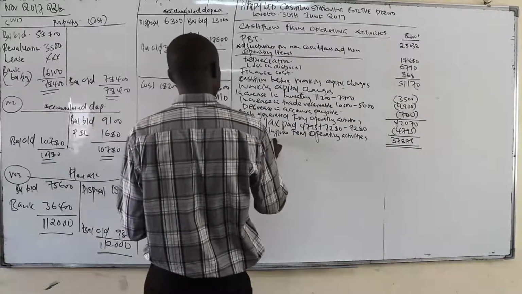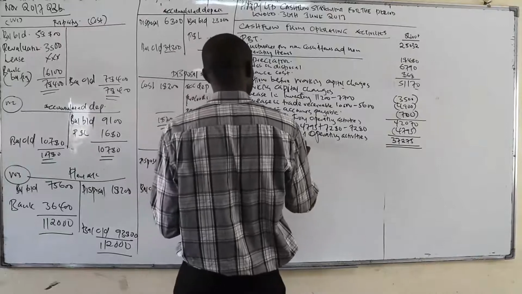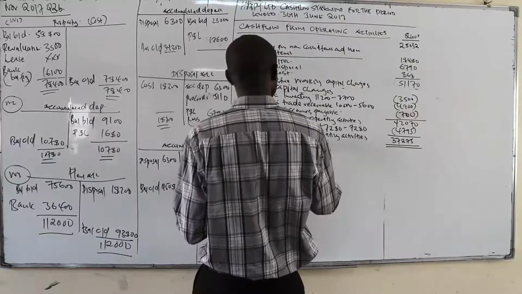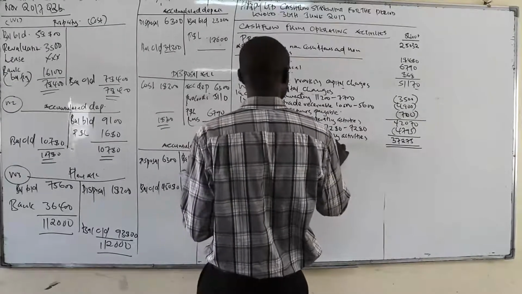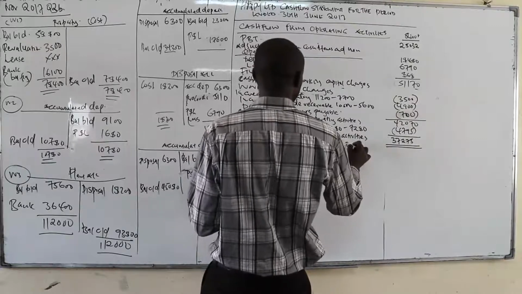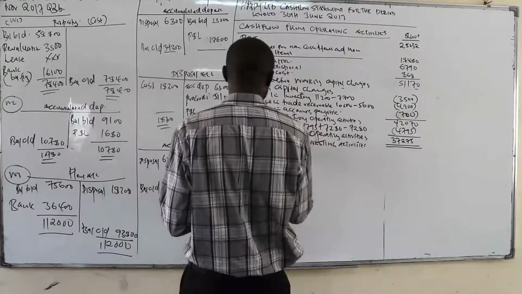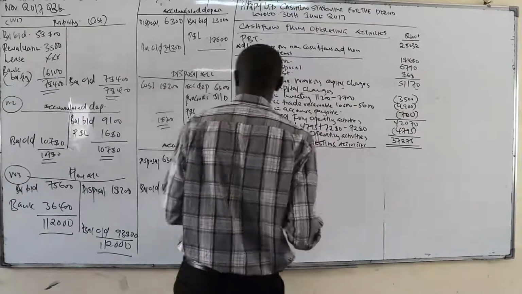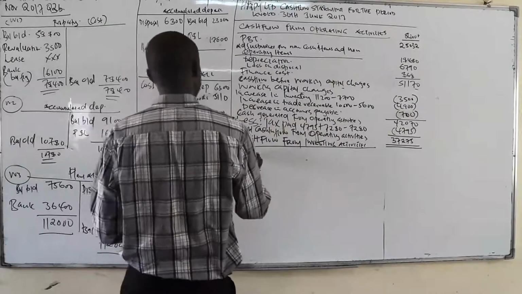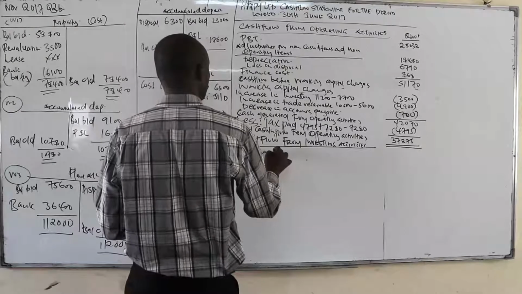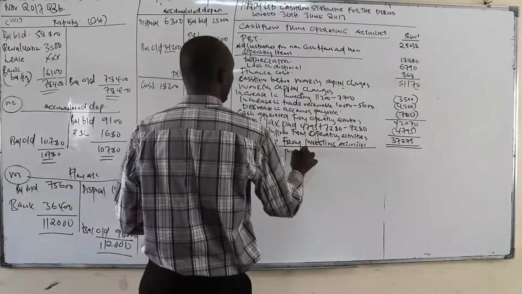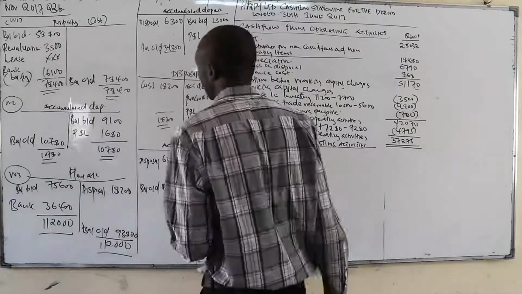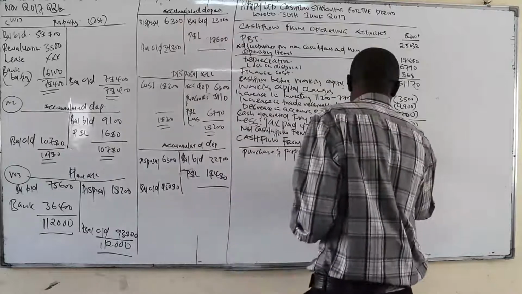Now you analyze cash flow from investing activities. So you write here purchase of property, which is 16,100.